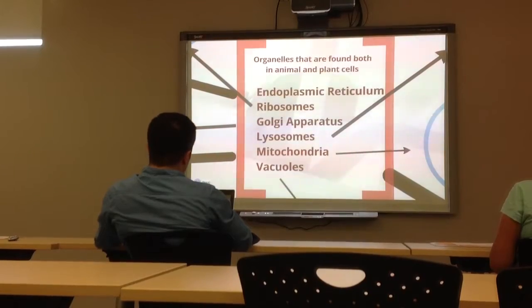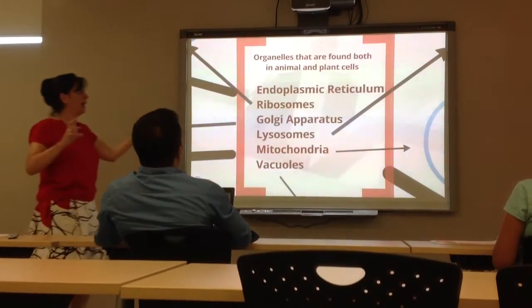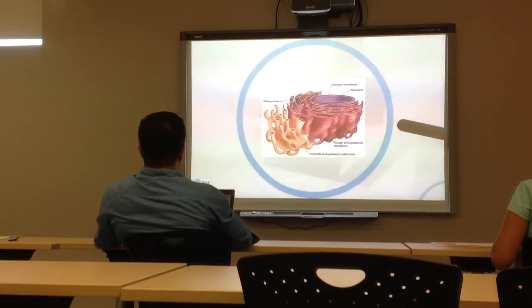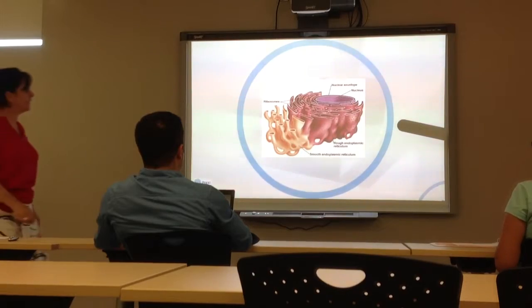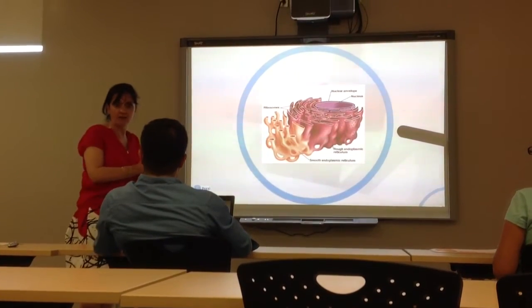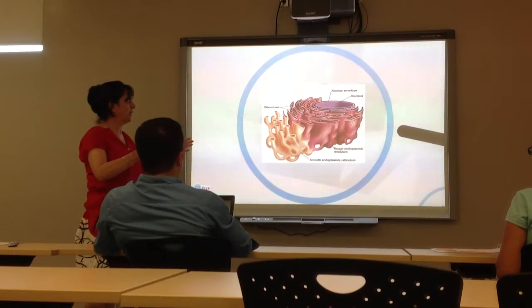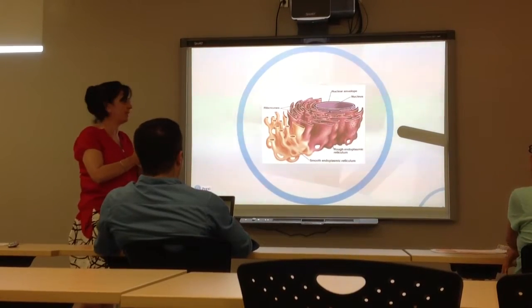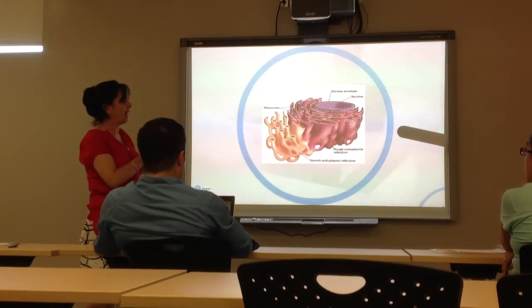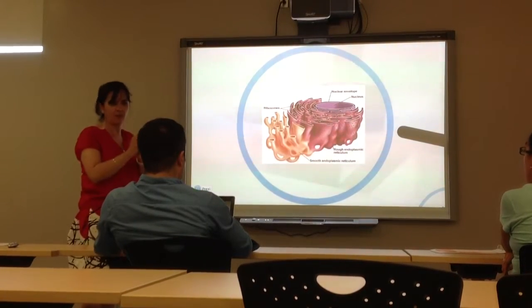Well, there are organelles that are found both in animal and plant cells. Some of them are listed there, and we are going to speak about each one. Endoplasmic reticulum is a network of tubules of membranes. There are two types of this reticulum.